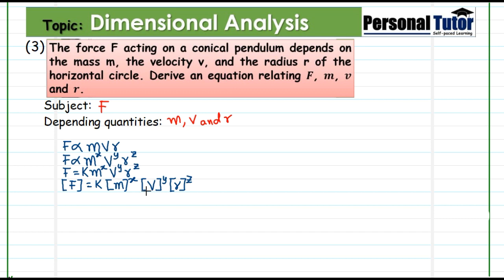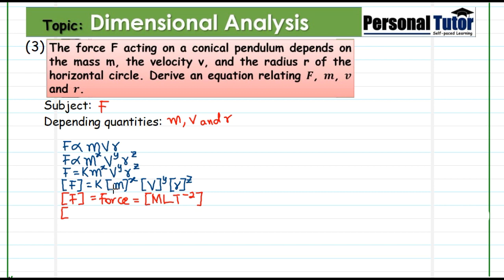Great. From this, we then have to expand the dimension of each dimensional term there. So the first one is the F, which is said to be the force. Force has the dimensional equation as M L T exponent minus 2.